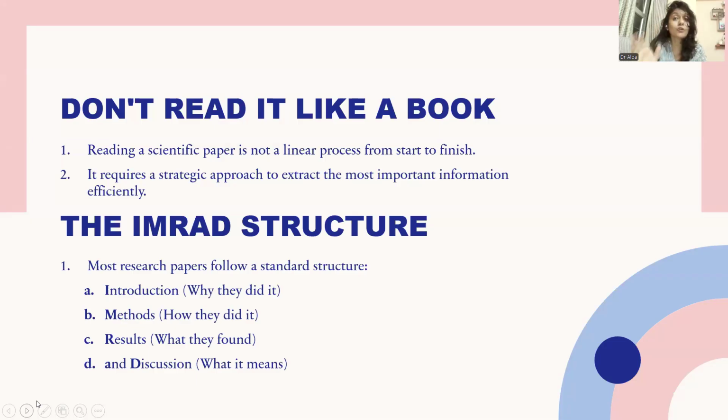But this should not be the order in which you, as a medical writer, are reading that paper. So you have to develop a sequence of reading by which you are able to extract as much information as possible from that scientific research paper.